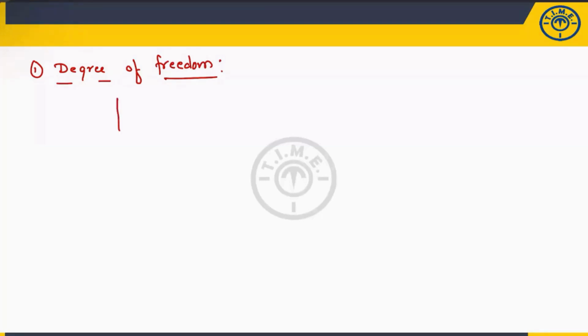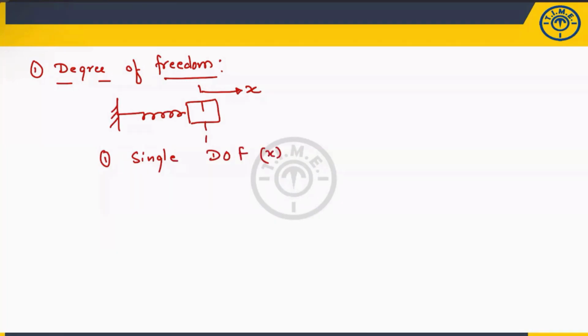For example, if I take a spring and mass block system, and you give an initial displacement x in the x direction, then it is called a single degree of freedom system. If you see here, there is an x displacement you are giving to this block of mass m, whatever it is.